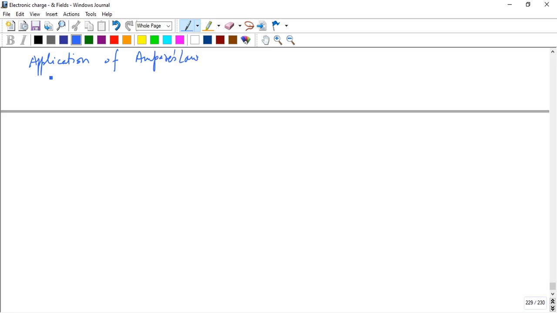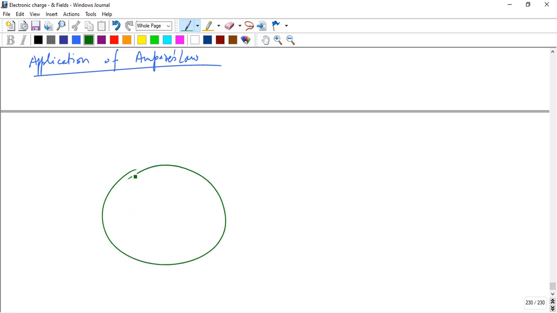We choose this cross-section view of a wire. The current passes through the wire, and the dot represents the current direction: it is towards me, leaving the whiteboard.